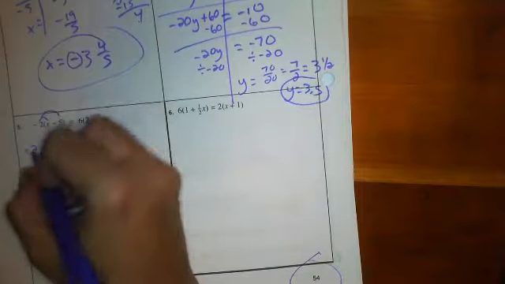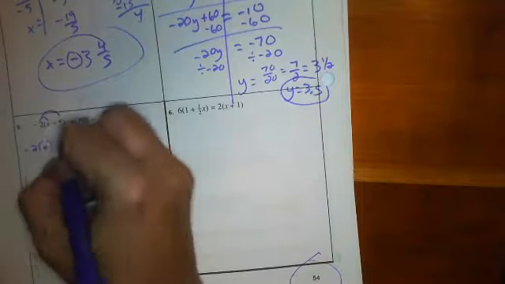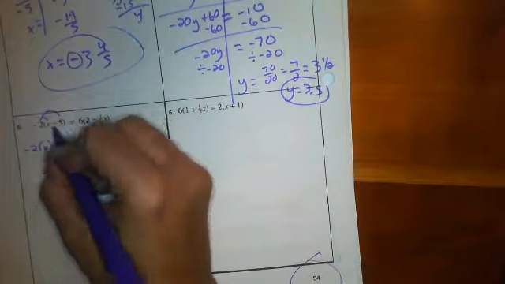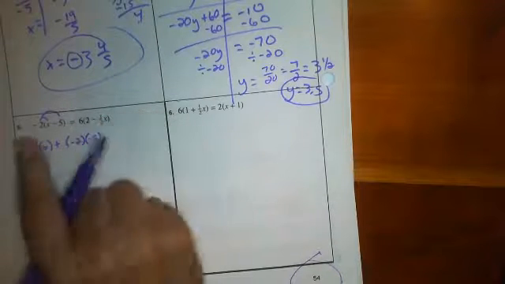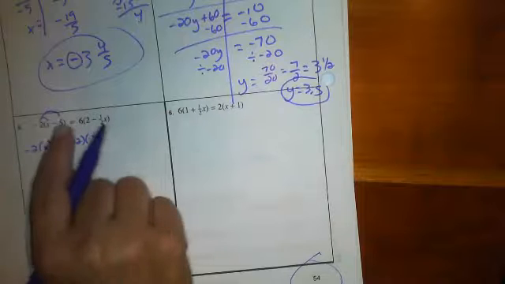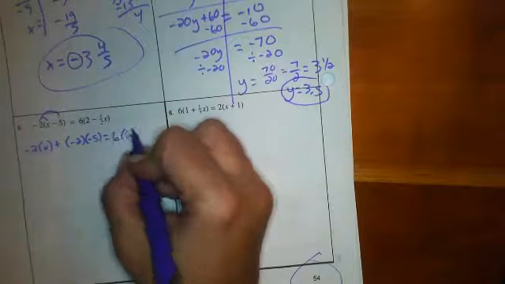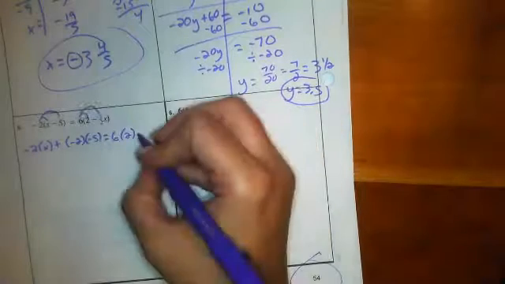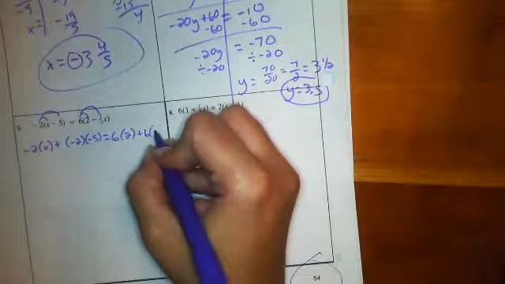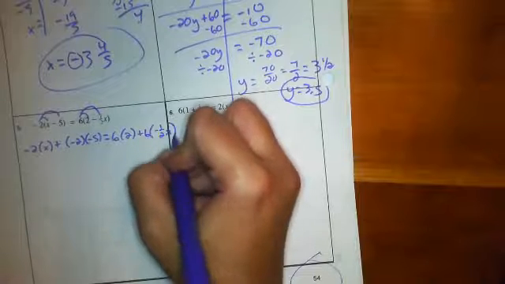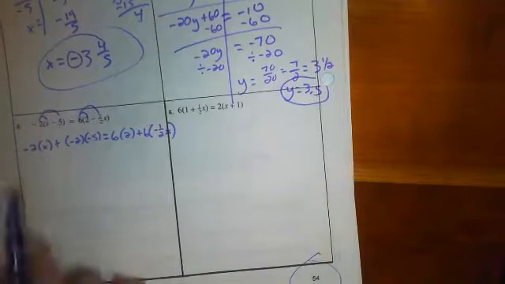I've got negative 2 times x plus negative 2. Don't forget signs. Now we're distributing the negative, and there's a negative 5 there. Then we've got 6 times 2. Again, we're distributing. Plus 6 times negative 1/2 x. Okay? I'm going to go ahead and simplify.